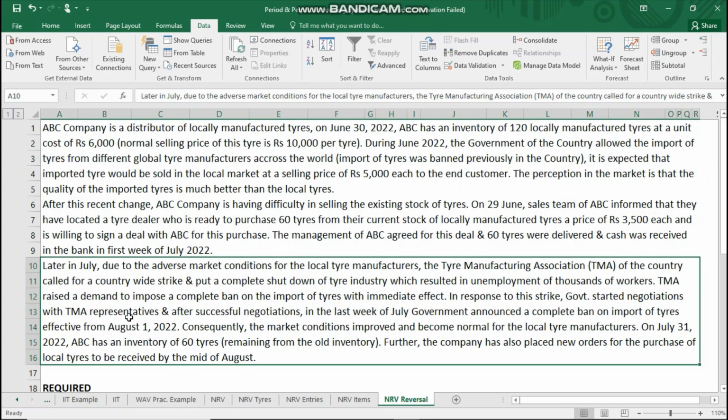Okay, so it seems that the circumstances that were created in June, which were adverse for the local tire manufacturers, are reversed now. Okay, and situation is coming back to normal, and it is also given in the data. Consequently, the market conditions improve and become normal for the local tire manufacturers.